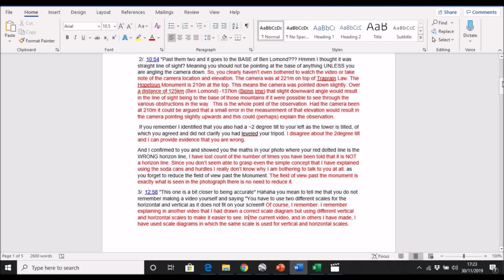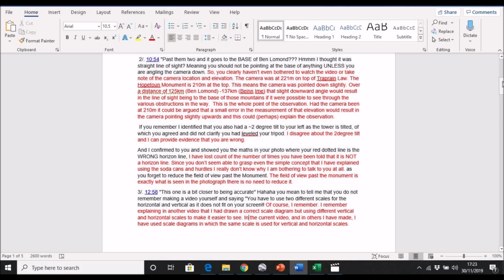Over the distance of 125 kilometers to Ben Lomond or 137 to Ben Ime, that slight downward angle would result in the line of sight. It's still a straight line of sight, whether it's pointing down or up, being to the base of those mountains, if it were possible to see through the various obstructions on the way.